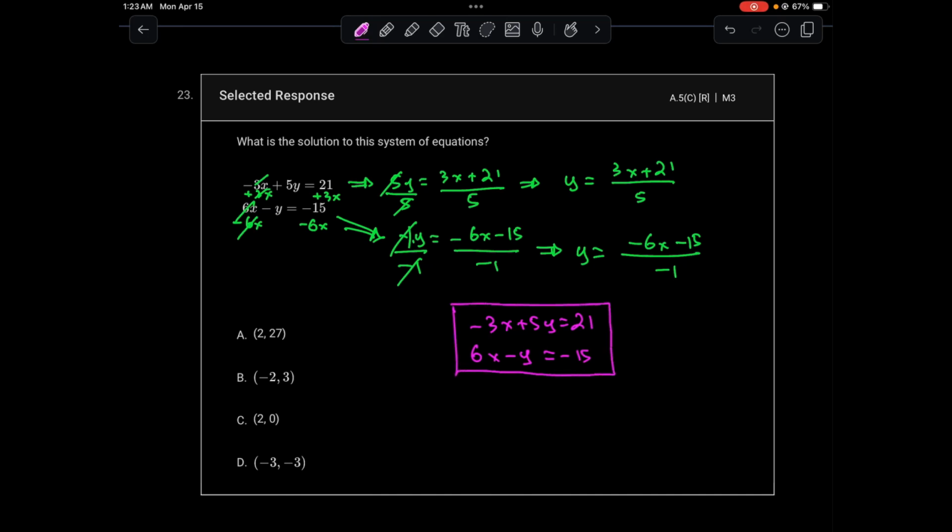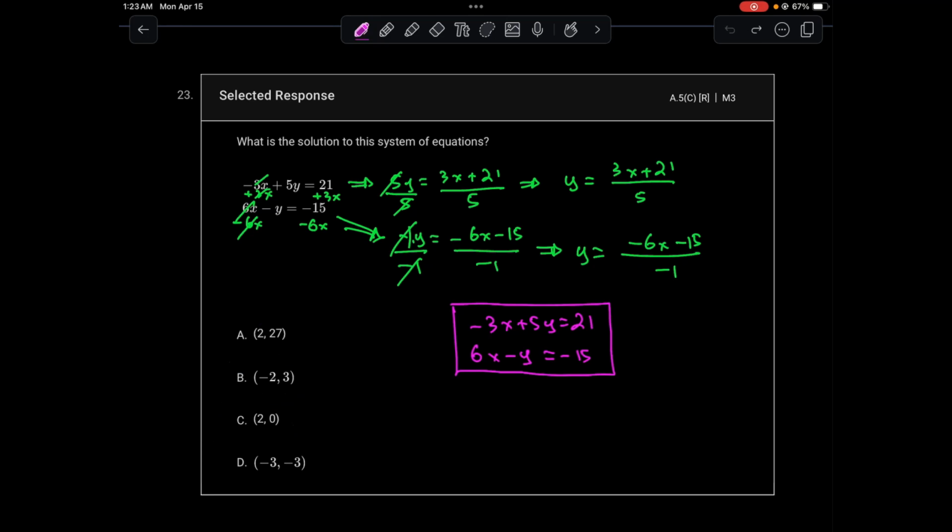I'm going to try to use the graphing calculator to test all these values. Like I'm going to plug those in for x and y, for example, and if I get the true statement in both, then it's the correct one. Otherwise, I'm going to go to the next one, then to the next one until I get a true statement.